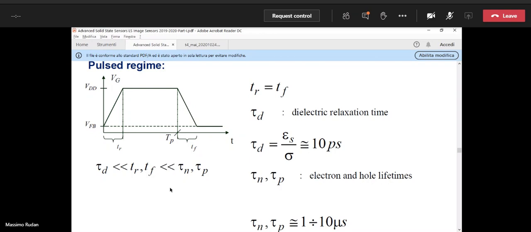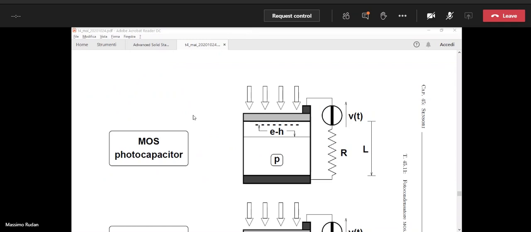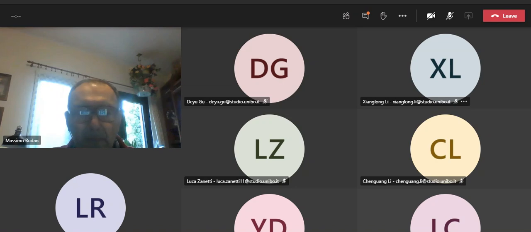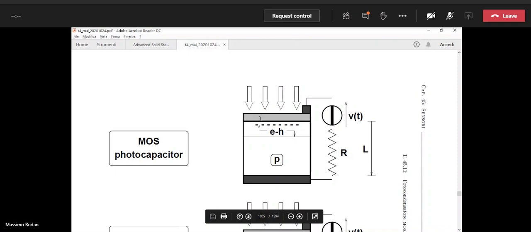So now we go back to the other figure. And we assume that there is no light, and we bring the gate voltage from the flat band value to the very high value corresponding to strong inversion, okay? And this takes a short time, that is the rise time. What happens in the bulk of the semiconductor?